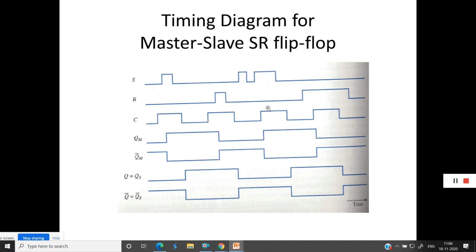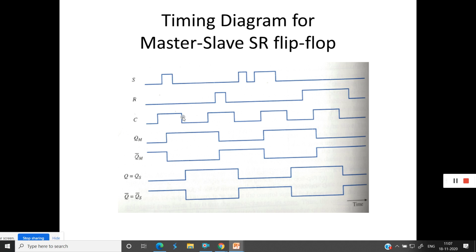Next, when clock is 1, S is 1, R is 0, it will set the QM output. Next, when clock is 1, R is 1, S is 0, so it will reset. QM and QM bar are complement to each other. You can see here when QM is 1, QM bar is 0, and when QM is 0, QM bar is 1. Both QM and QM bar are complementing each other.